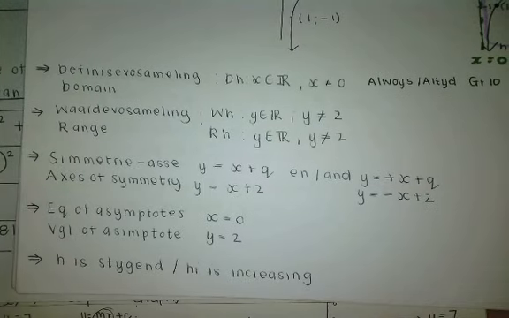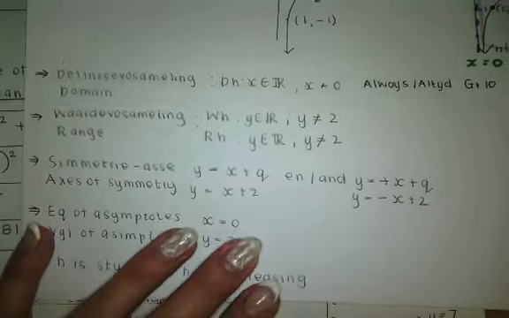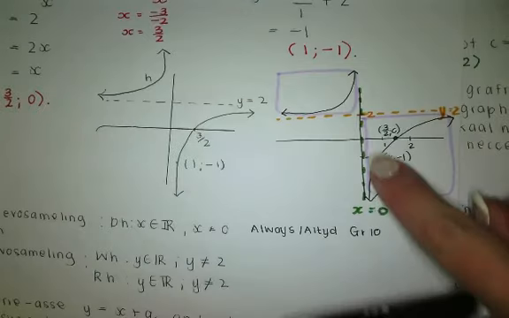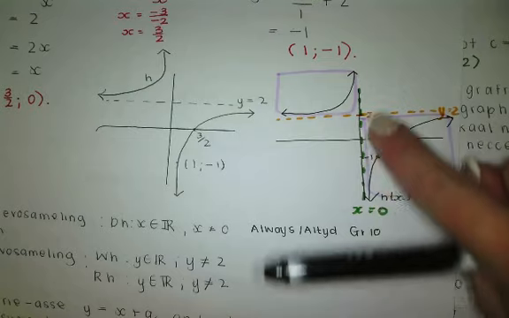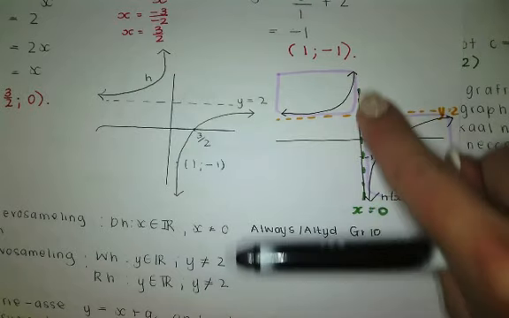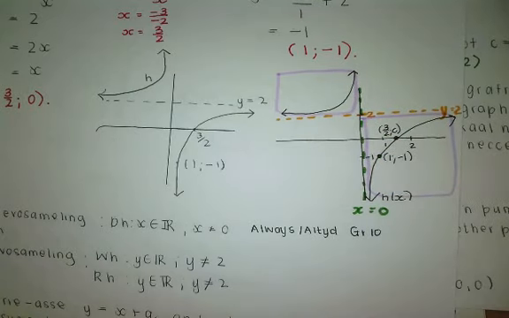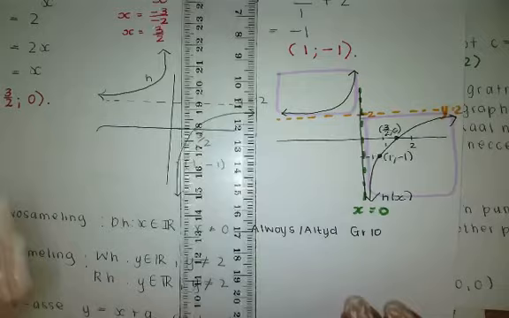Right, the domain of a hyperbola is x is an element of real numbers. But can x equal this line over here? Does it ever cross here?